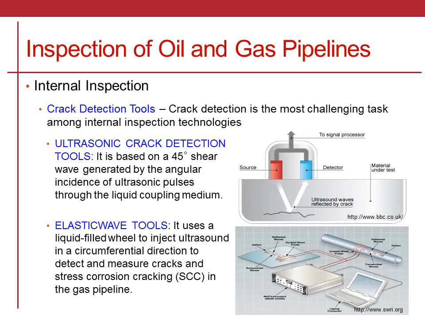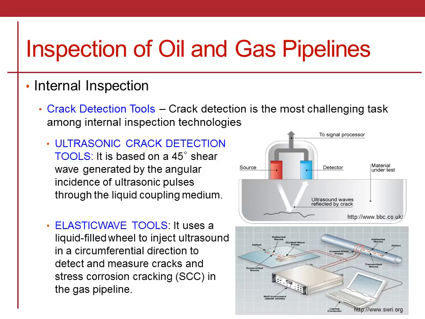Another internal inspection method is the crack detection tool. It is the most challenging task among internal inspection technologies because this method is much more delicate than other methods. In the first figure, an LED device transmits an ultrasound wave at 45 degrees and the wave is reflected by the crack.